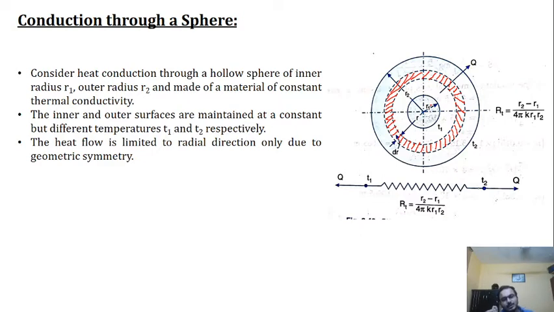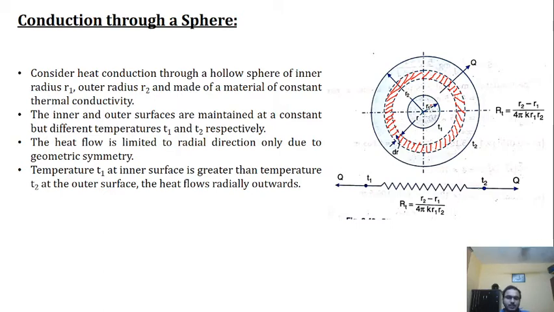The heat flow is limited to the radial direction only due to geometric symmetry. And obviously, as the heat flow is from the inner side to the outer side, the temperature T1 at the inner surface is greater than the temperature T2 at the outer surface. The heat flows radially outwards.